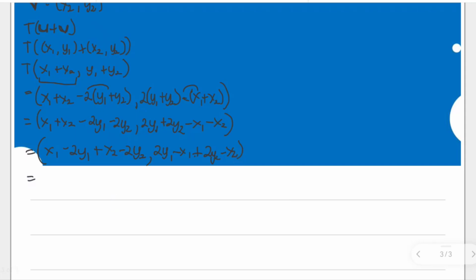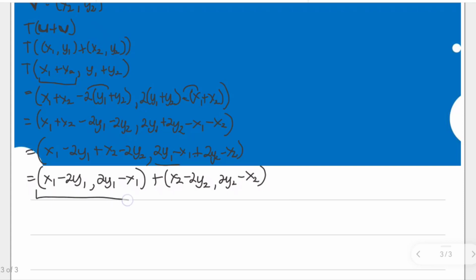After arranging them, let's take out the sum of the two vectors using the components of sub 1s and sub 2s. So you have x sub 1 minus 2y sub 1, 2y sub 1 minus x sub 1, plus x sub 2 minus 2y sub 2, 2y sub 2 minus x sub 2.